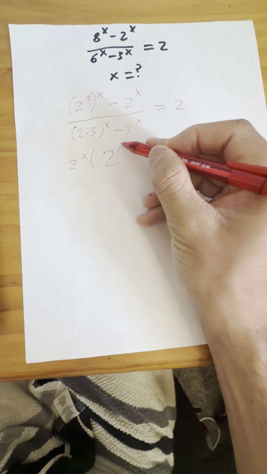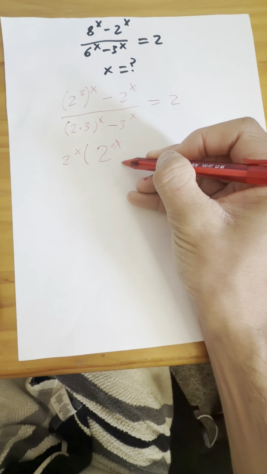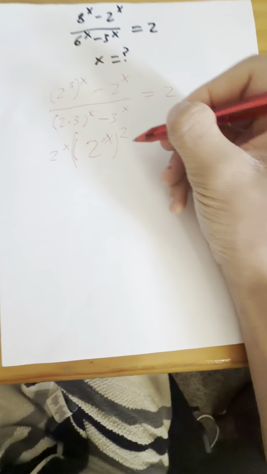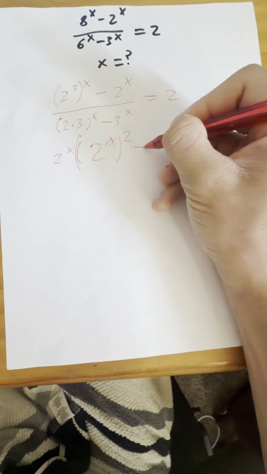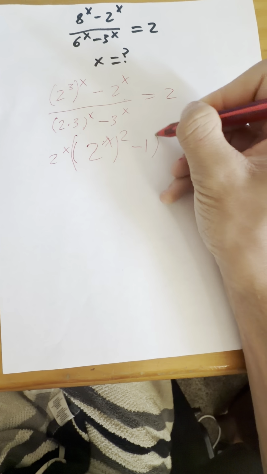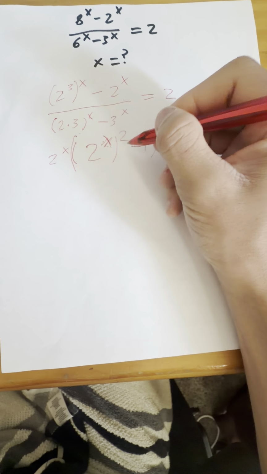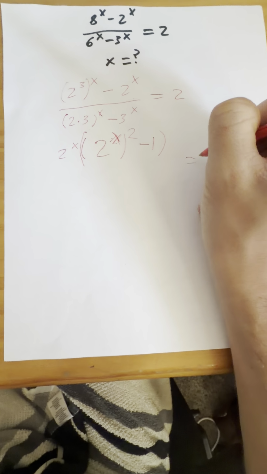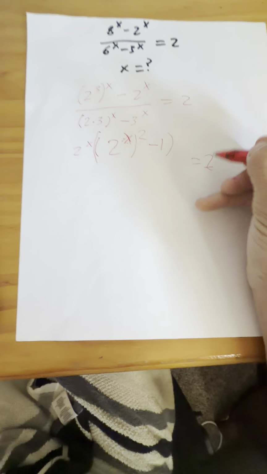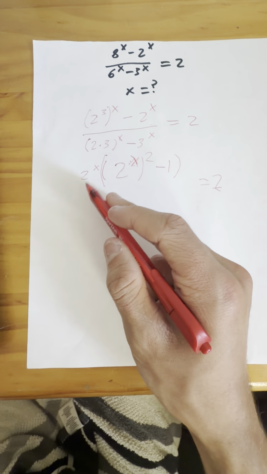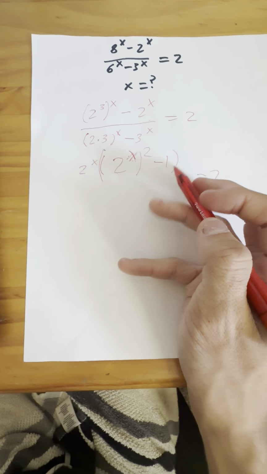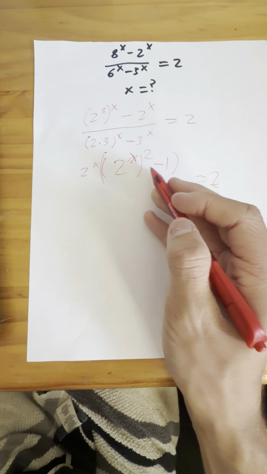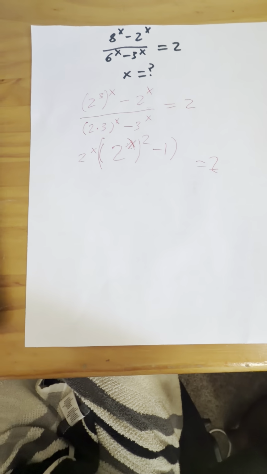So we kind of just got this, and then in the numerator, 2 to the power x multiplying by 2 to the power x squared minus 1.